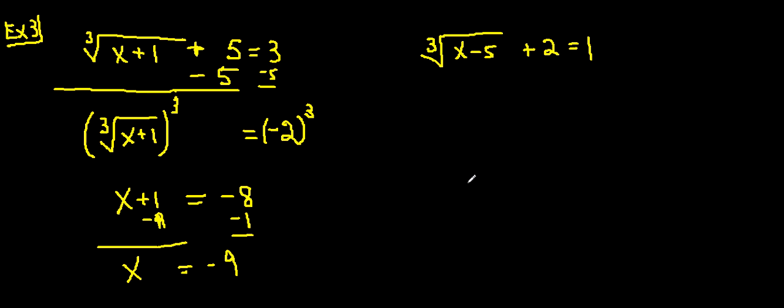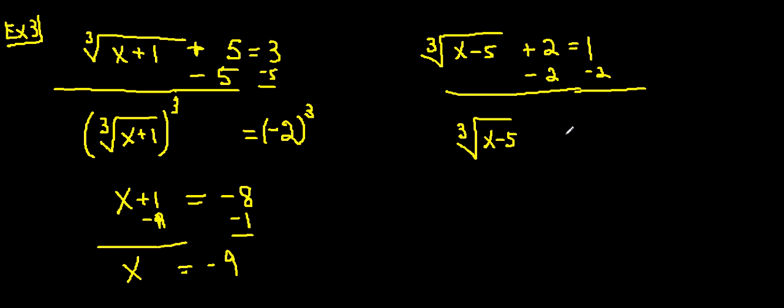How about this one here? I'm going to subtract 2. And how about the cube root of x minus 5? That's going to equal 1 minus 2, which is negative 1.